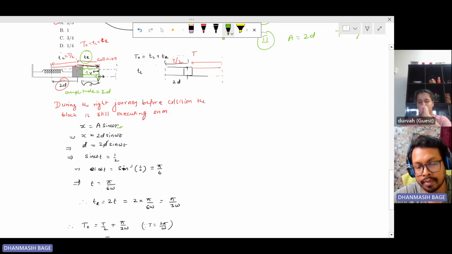But after collision, because in an elastic collision kinetic energy is not lost, the backward velocity will be exactly v. It will retain the entire kinetic energy. So it will take exactly the same amount of time to reach the mean position. That is why these two times will be exactly the same. TR will be simply 2t. And t we can figure out from this equation.